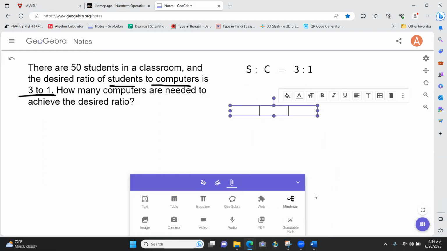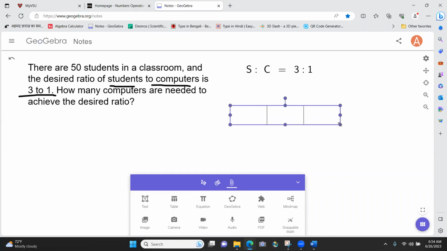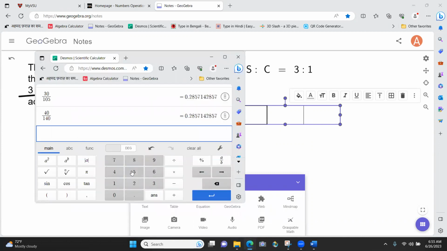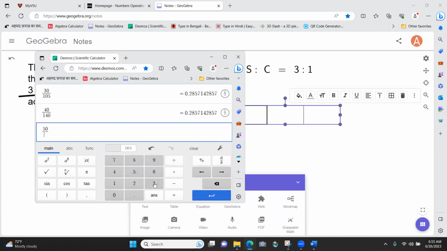My total number of students, I'm going to take it and divide it into three parts. When you divide 50 by 3, you don't get a whole number. You get 16.66.